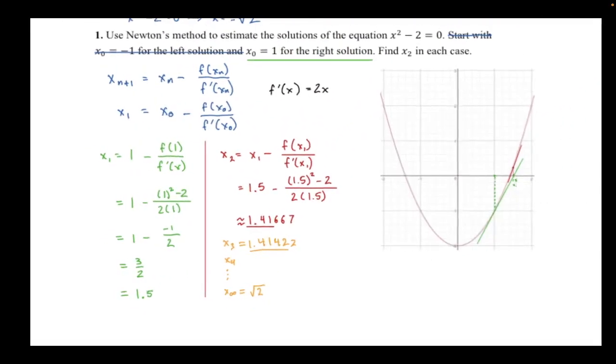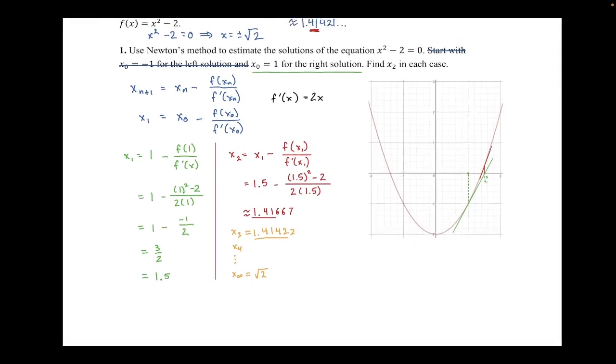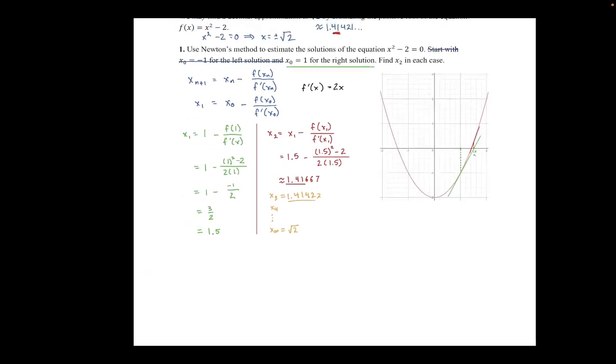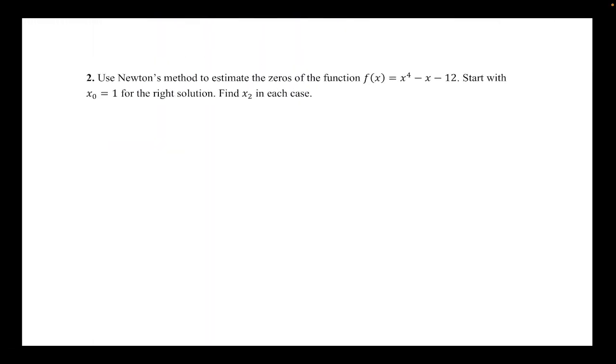Not too bad. The rest of this lesson just has some additional examples. So let's do one more together on the next page. Use Newton's method to estimate the zeros of this function. Start with x sub 0 for the right solution and find x2.